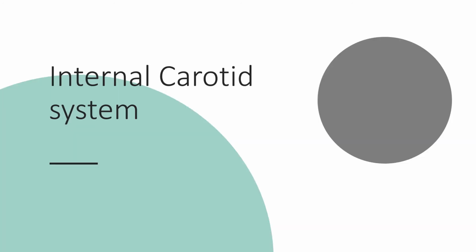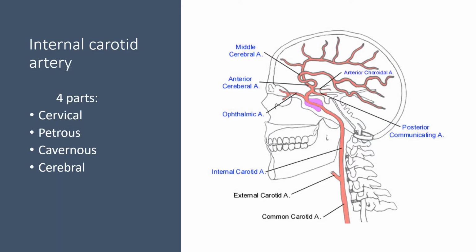Now we will see about the internal carotid system. The internal carotid artery, as you know, is a terminal branch of the common carotid artery.